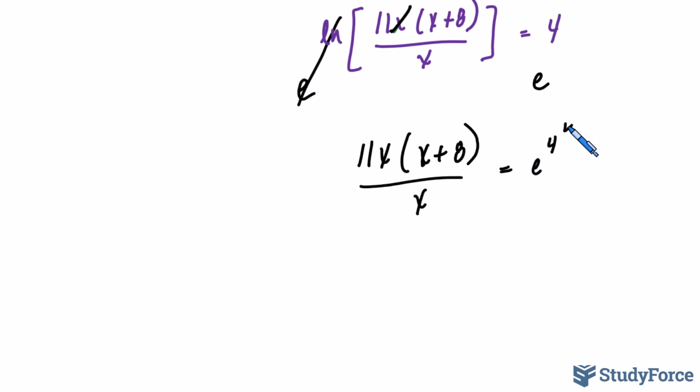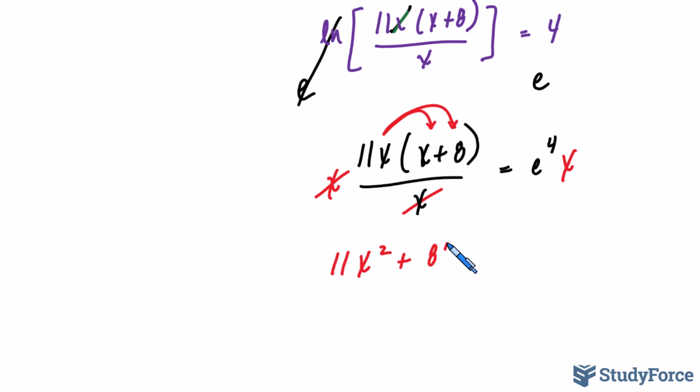Remember, that is a constant. We'll leave it as e to the power 4. I'll multiply both sides by x to eliminate the denominator. And we're left with 11x, and I'll actually multiply this in at the same time. So 11x squared plus 88x is equal to e to the power 4 times x.